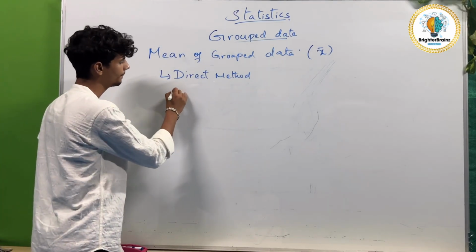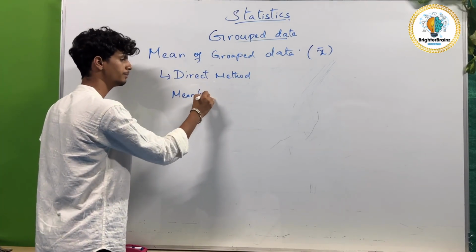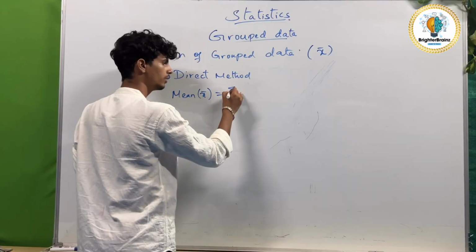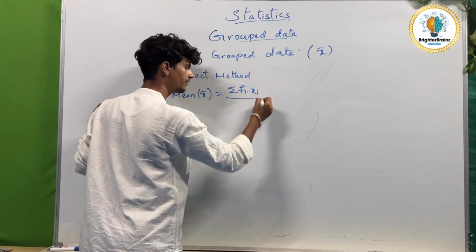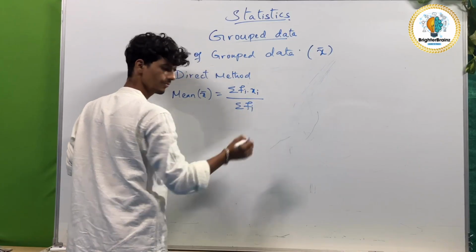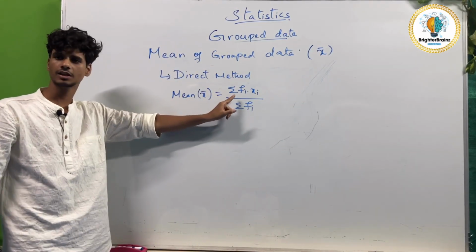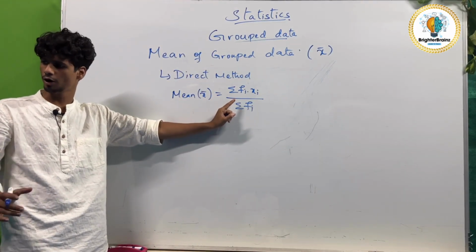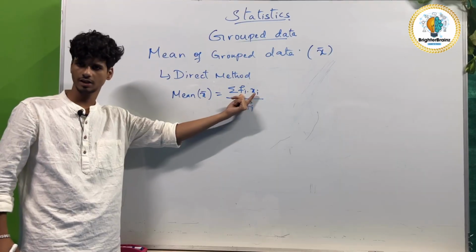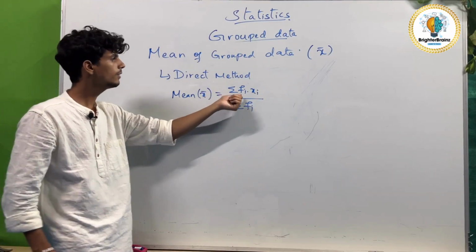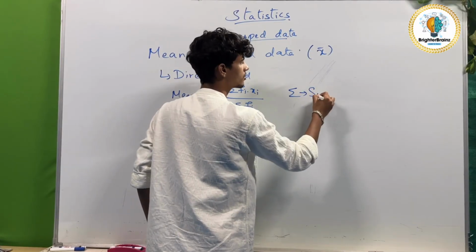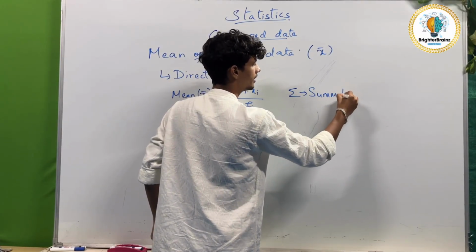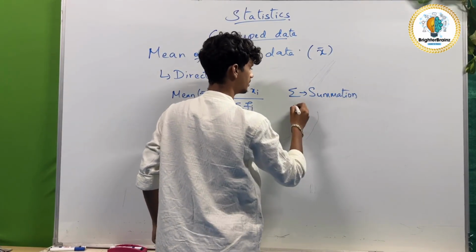So x bar is equal to sigma fi xi whole divided by sigma fi. Here sigma is nothing but summation, the sum of the fi xi, that is adding of the numbers.